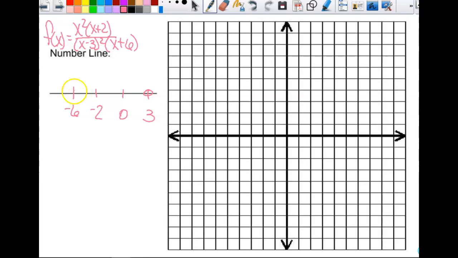So the 3 and the -6 are my asymptotes. These are zeros. So for my number line, I have tangency and togetherness, and that's going to help me not have to pick signs for each one of these. My tangency is here at 0, and my togetherness is here at 3.